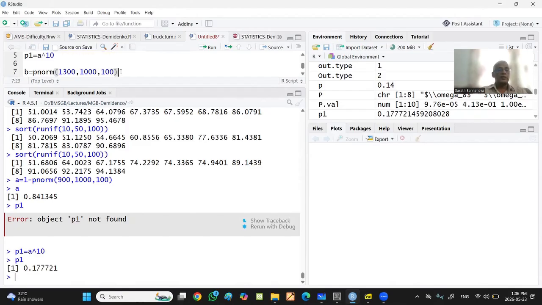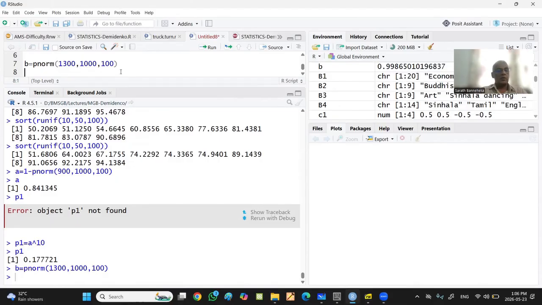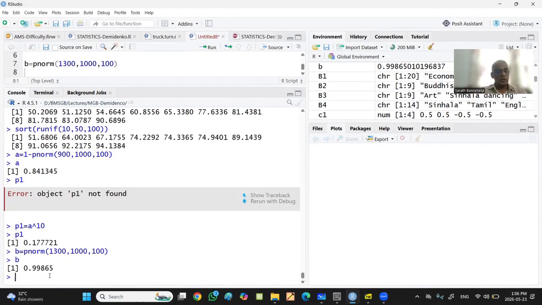So that probability B, let's see what that value is. That is 0.99865. That is the probability that any single bulb will have lifetime less than or equal to 1300.